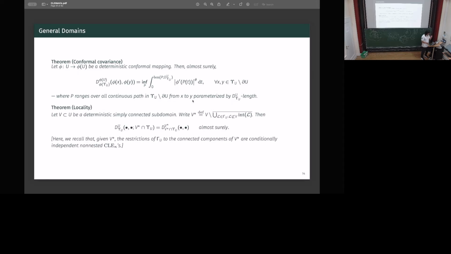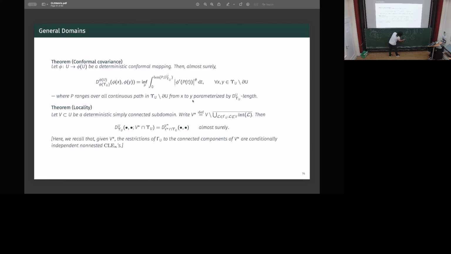And also there's a locality. This locality is also stronger than the one before. For example, now you choose a subdomain V, and you remove all these loops, and also there are loops here, and also there are loops here.